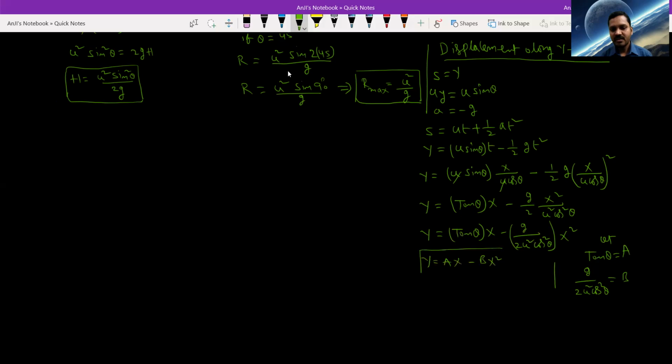So this is the final equation here. a and b are constant values. So this is an inverse parabola equation. The oblique projectile body path is an inverse parabola. So we got the negative sign here. Actually the parabola equation is y is equal to ax plus bx square. So this minus is due to the inverse parabola.